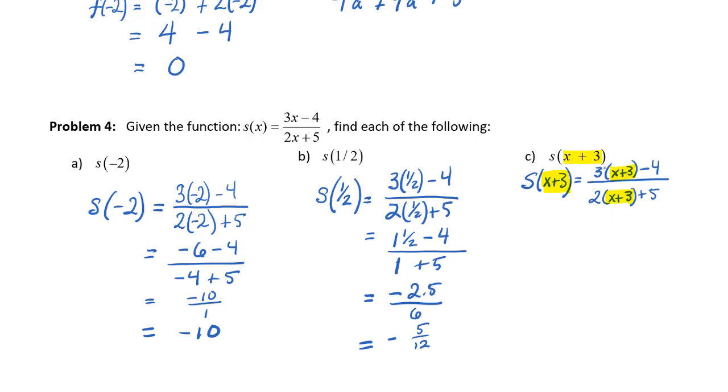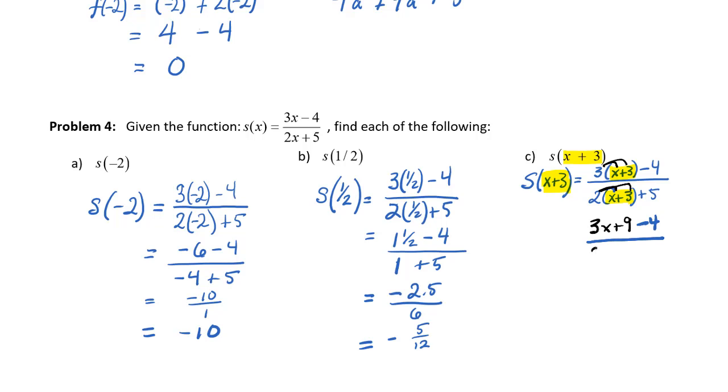So let's go ahead and distribute the 3 through to x and plus 3. That will give me 3x plus 9 minus 4. That's the numerator. And in the denominator, 2 times x and 2 times 3.